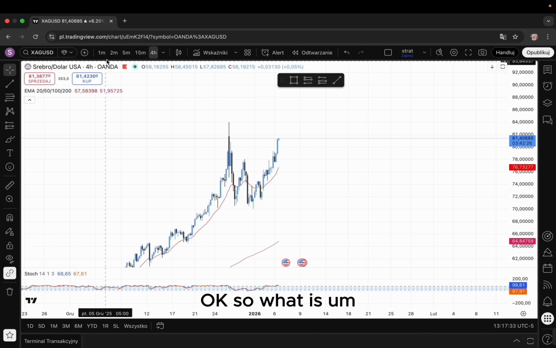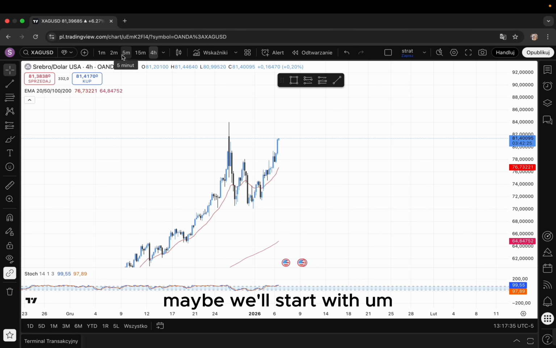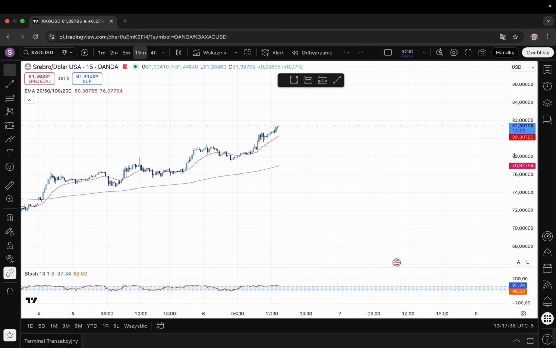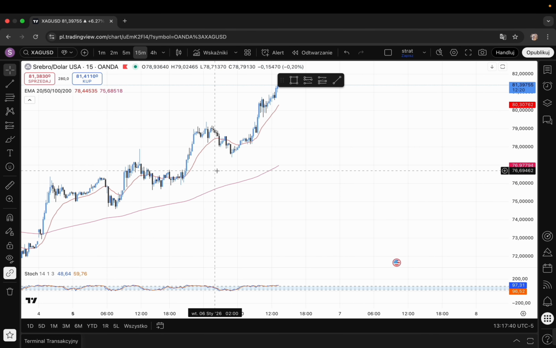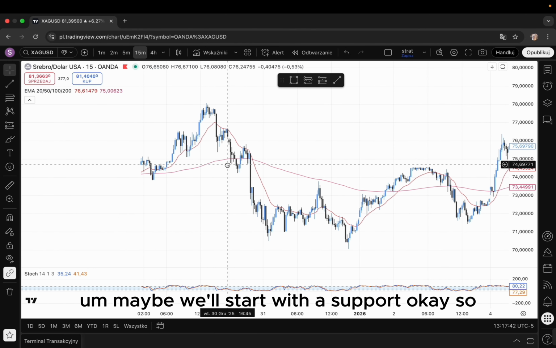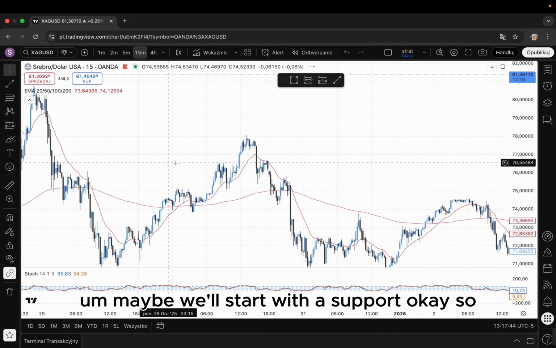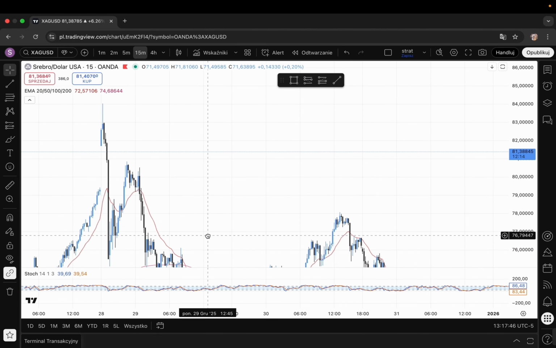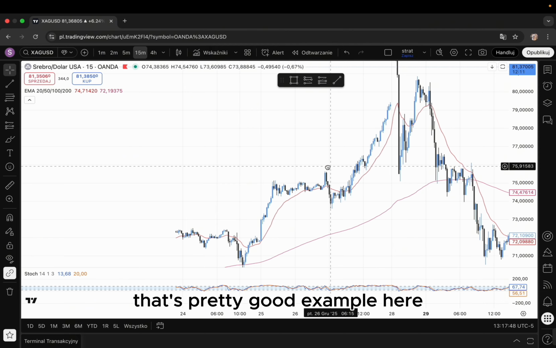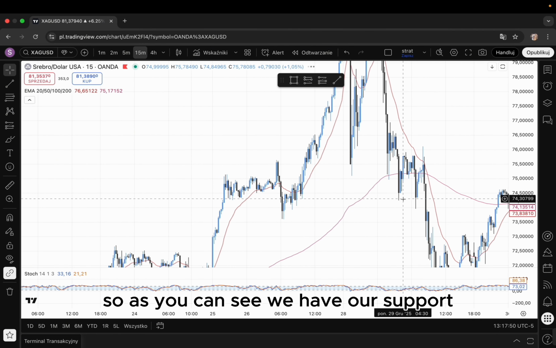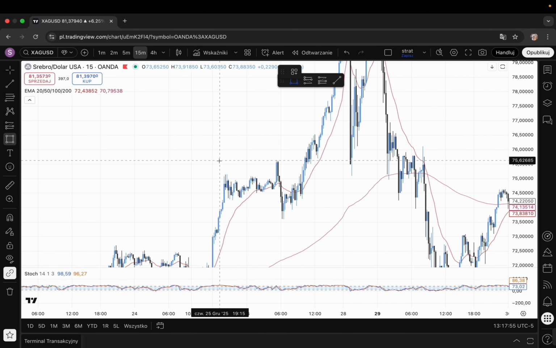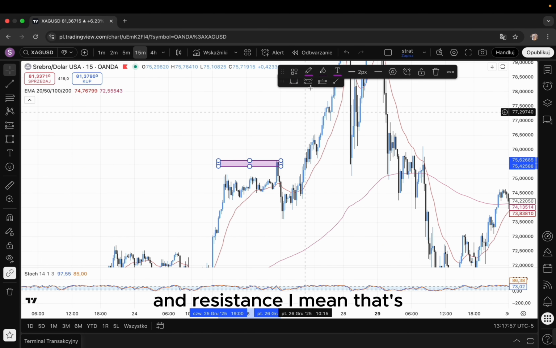Okay, maybe we'll start with support. Okay, that's a pretty good example here. As you can see, we have our support and resistance.